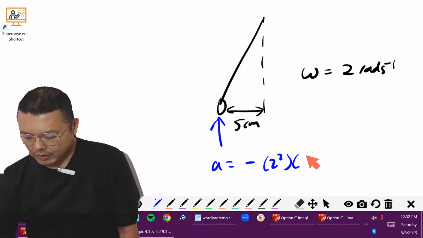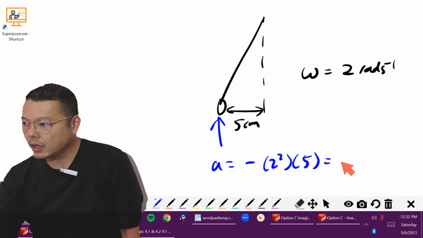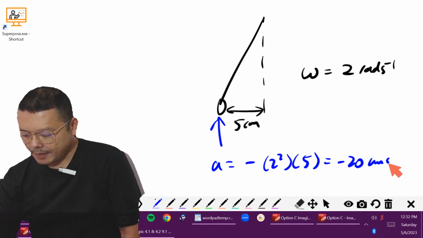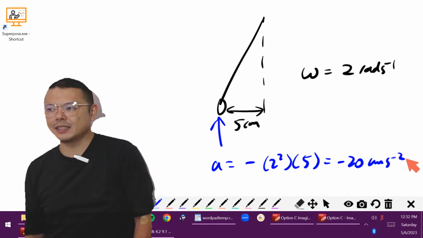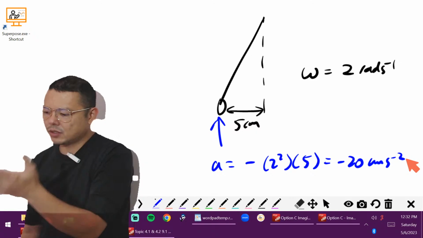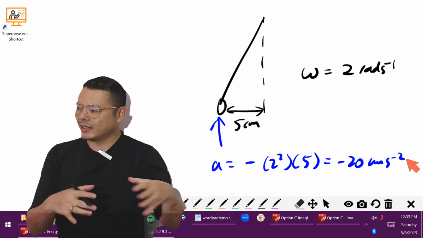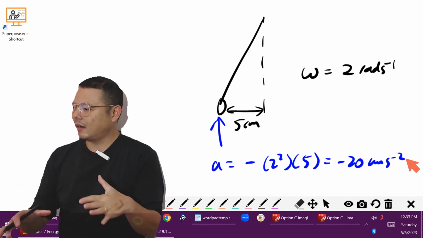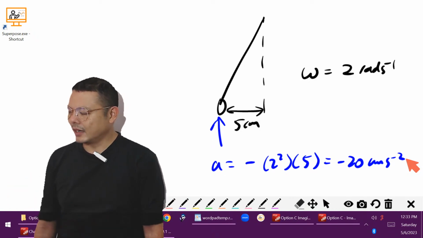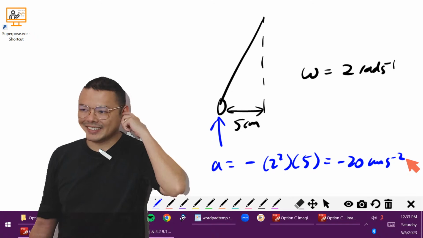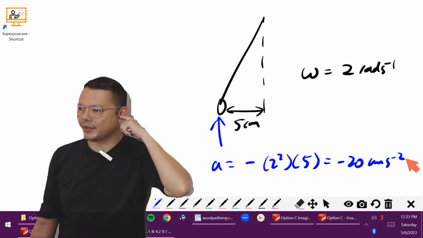So negative 2 squared times 5 equals negative 20 cm per second squared. That will be the acceleration. That's all there is to this equation. You're given one thing, you find the other thing. That's the purpose of this equation.